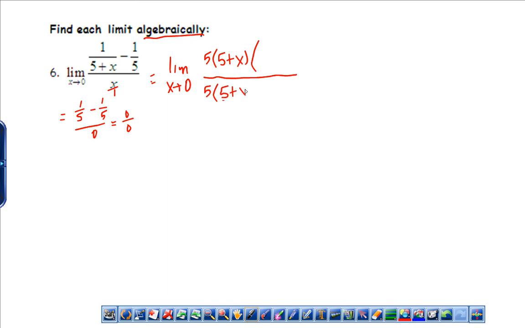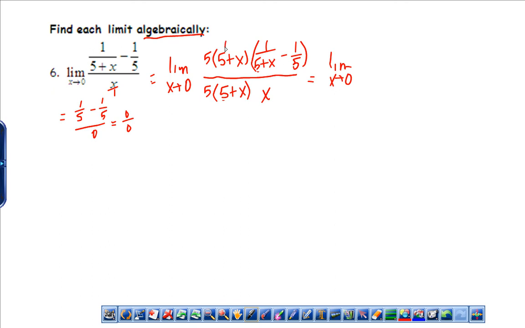I'm writing it first so that you can see that I'm not changing what it is, I'm just changing the way it looks. Okay, so the denominator was just x, the numerator was 1 over 5 plus x minus 1/5. Now we practice this a lot in this chapter, so hopefully you at least remember the basics of it.